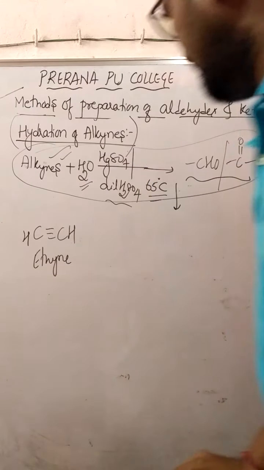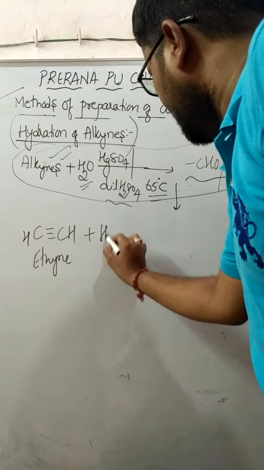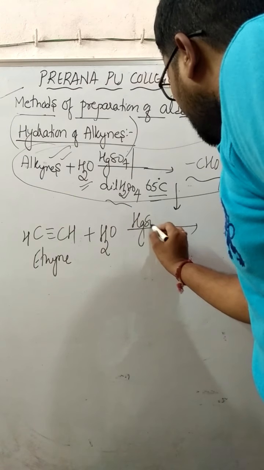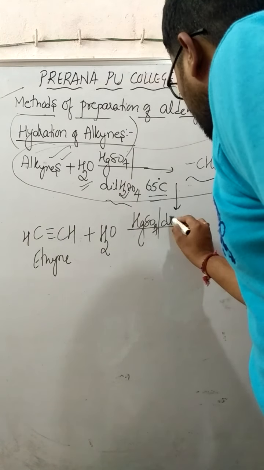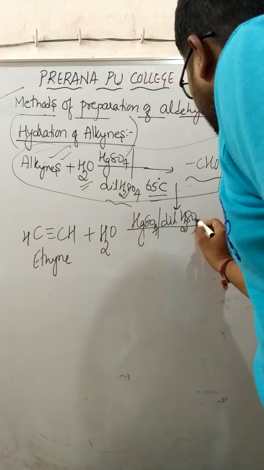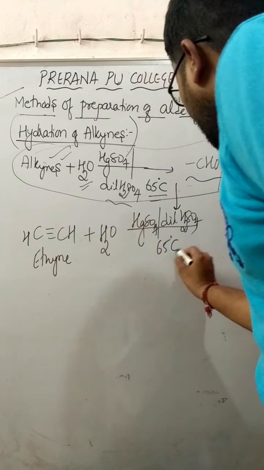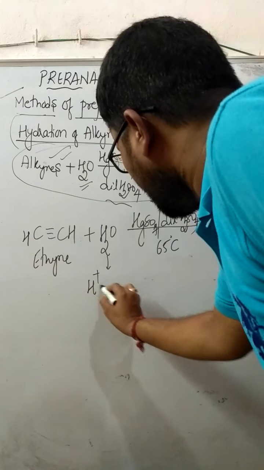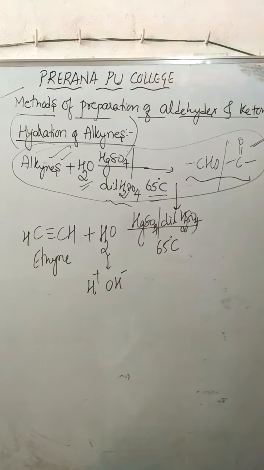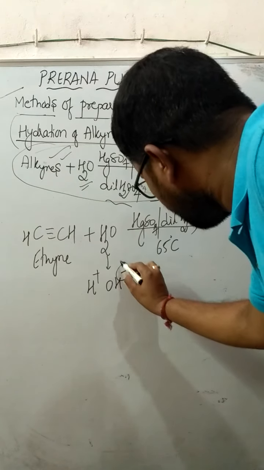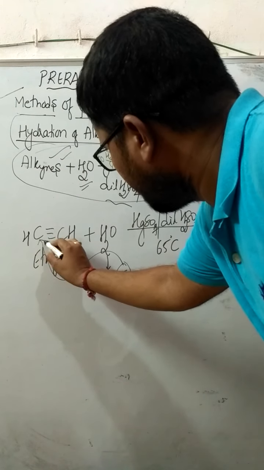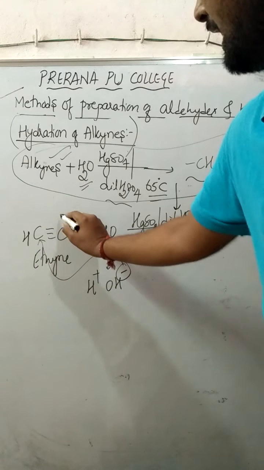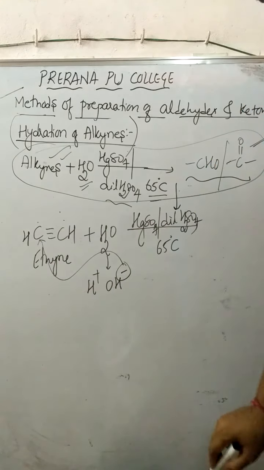CH triple bond CH indicates that it is what? It is ethyne. So when ethyne is added with water, with mercuric sulfate in the presence of dilute sulfuric acid at a temperature of 65 degrees Celsius, this water molecule will ionize as H plus as well as OH minus. This OH minus will attack any one particular carbon. Since it is symmetrical, either it can attack this carbon or this carbon.